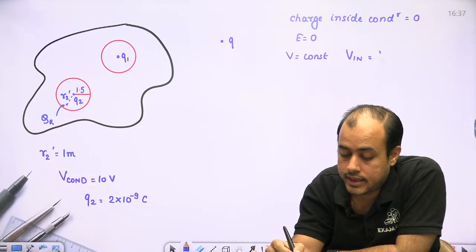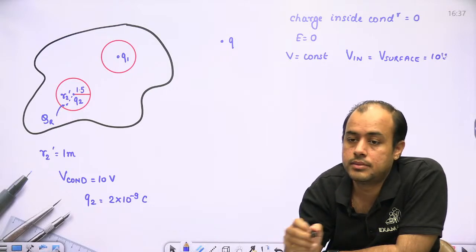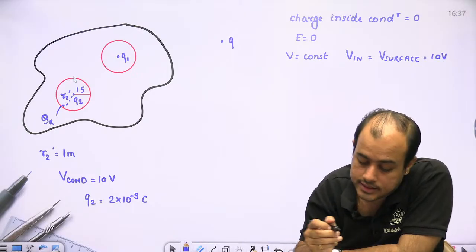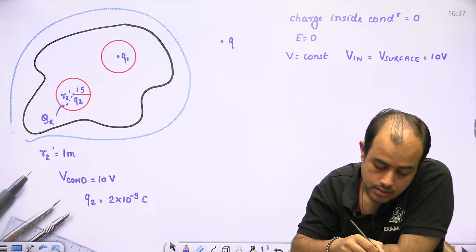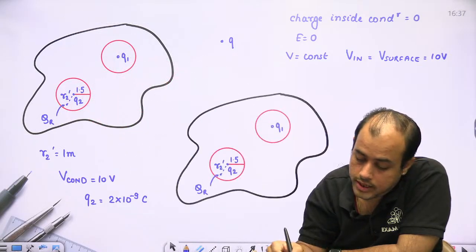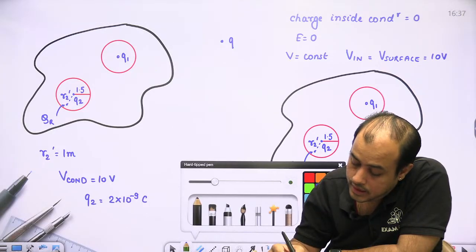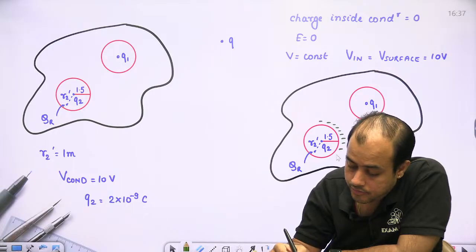Potential inside is equal to potential of the surface, which is basically 10 volt. Now, because of Q2 at the center of the cavity, there will be a minus Q2 charge induced here.